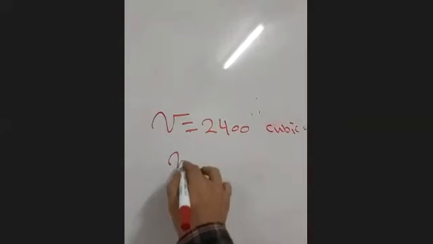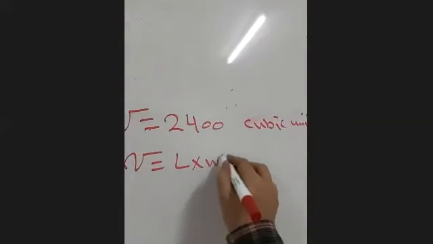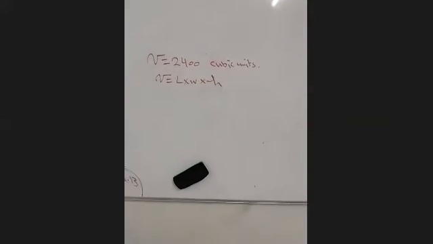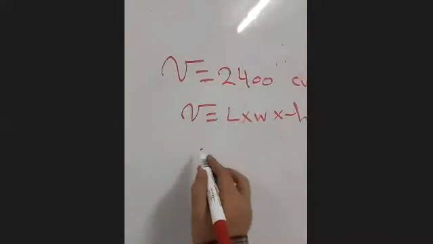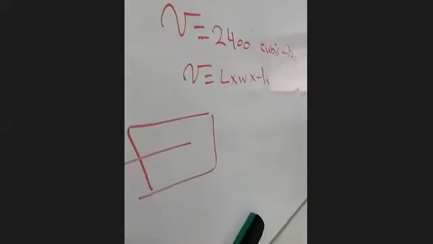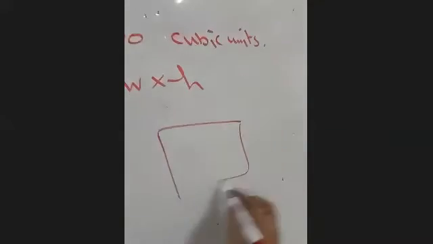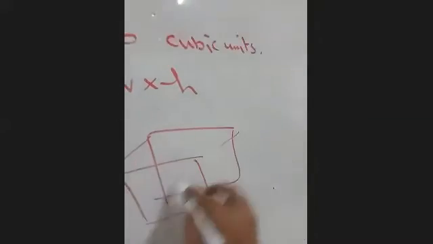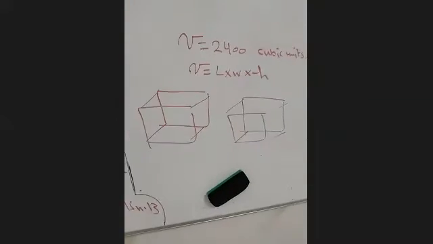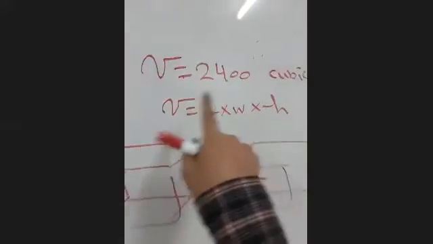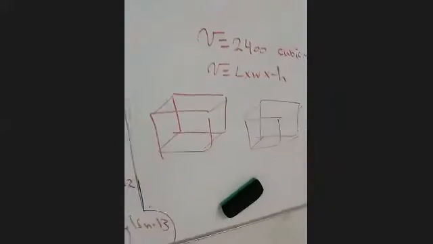The volume is length multiplied by width multiplied by height, right? So I need to make two prisms with the same volume but different dimensions. That means I need to find three numbers that, if you multiply them, you get 2,400. Get it?